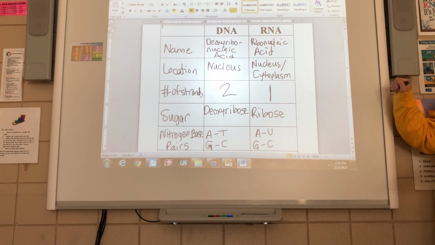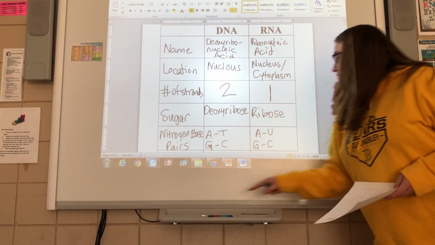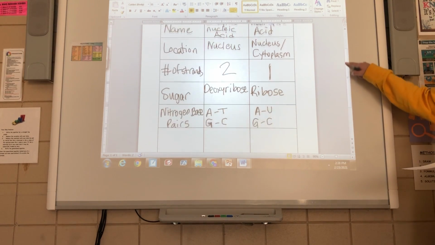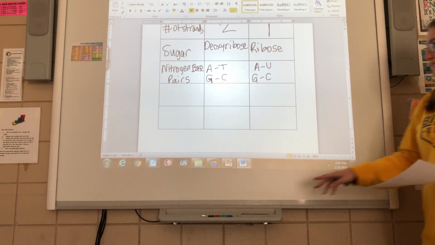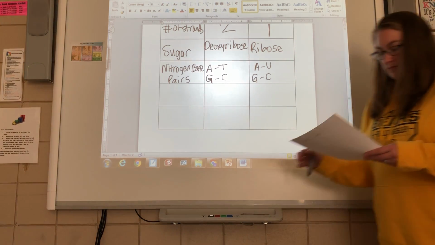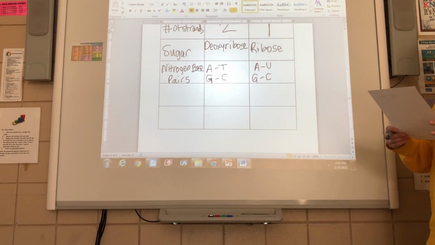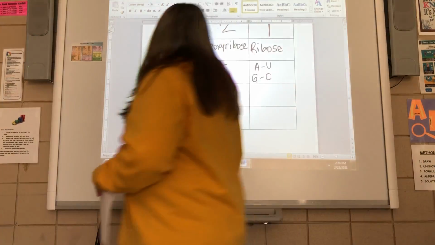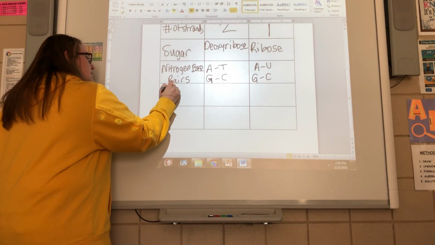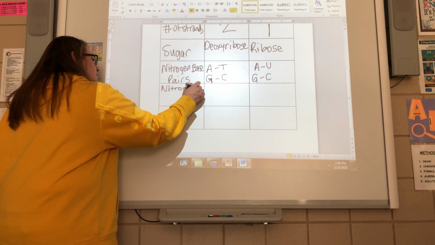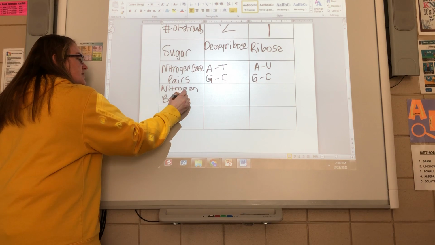We got that? All right. So now I'm going to move this up some. There we go. All right. So now let's look at the actual names of the bases. Nitrogen bases.